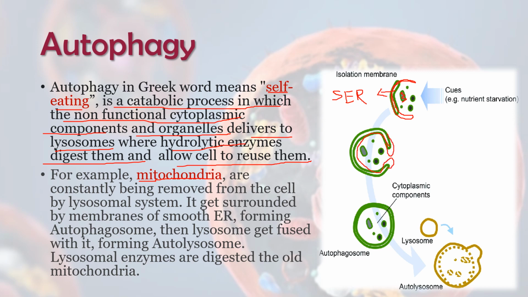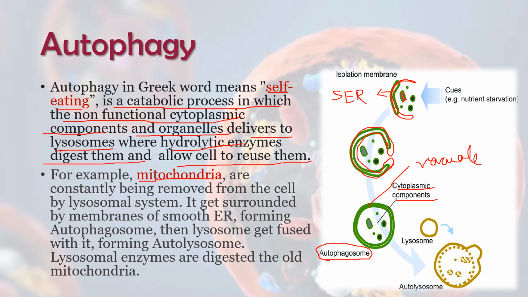It forms a vacuole. This vacuole is known as an autophagosome, which surrounds the cytoplasmic component, or we can say mitochondria.